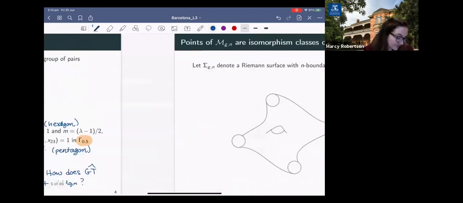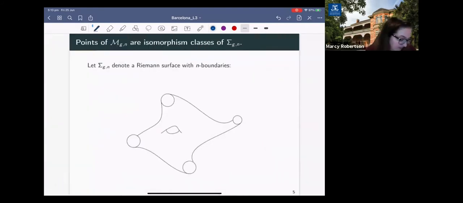Now, I'm talking about moduli spaces, but for the last two talks, I've only been drawing pictures of Riemann surfaces, and that's going to continue. This is not my best picture, but I'm learning.